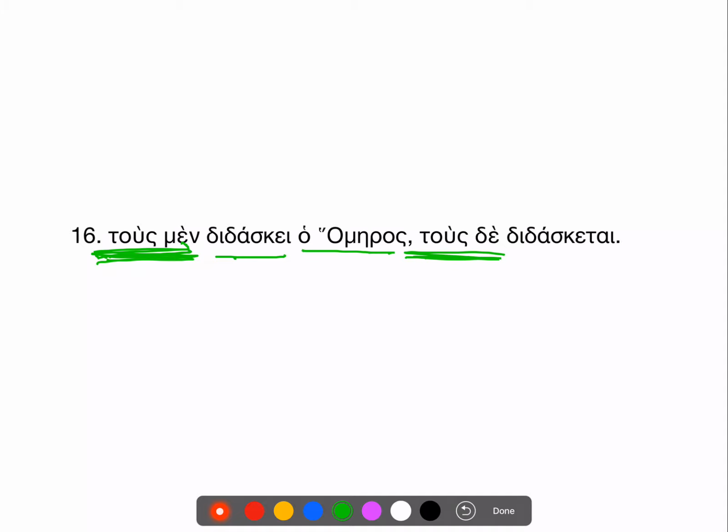And then what is he doing to the others? Didaskatai. Well, one meaning of the middle of didasko is to cause to be taught. So on the one hand, Homer is teaching the ones. On the other hand, he is causing the others to be taught. Tous men, tous de.